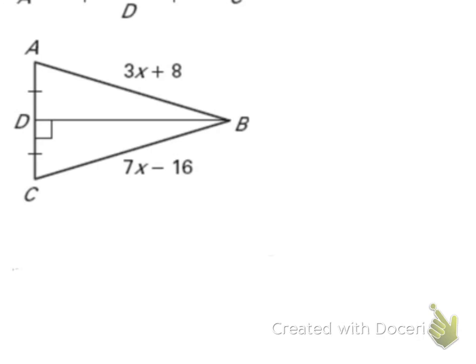So question 4 also asks us for the length of AB. Even though this triangle has been rotated 90 degrees to the right, I still see that BD is acting like a perpendicular bisector to segment AC.